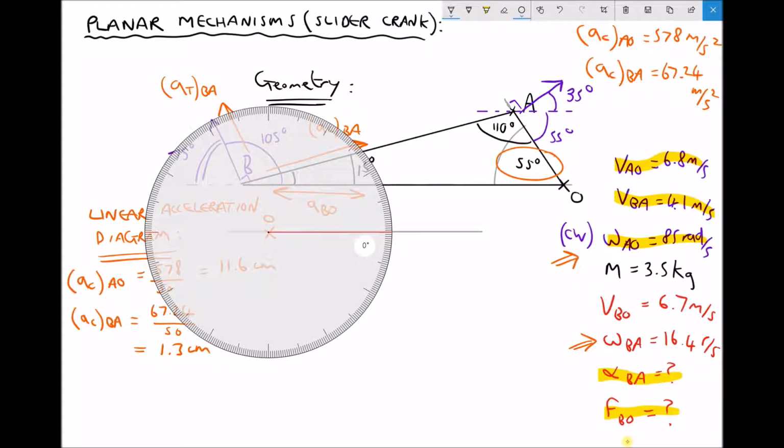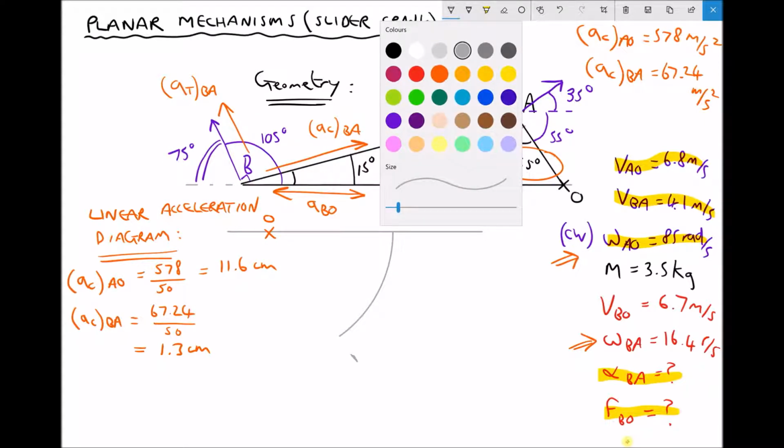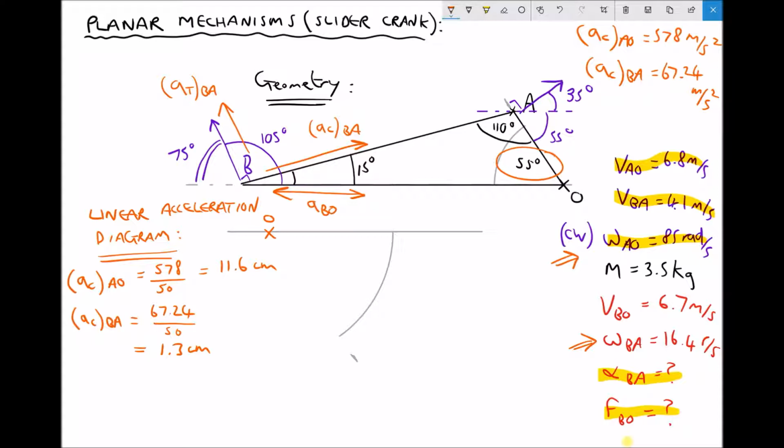And I'm going to measure down 55 degrees, like so. If you were using a standard protractor, you would just make an index mark here at 55 degrees. Next, I'm going to draw the length of the line as 11.6 centimetres in the direction of O towards my index mark.